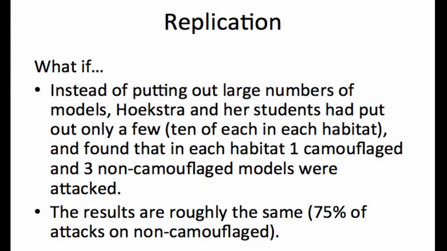That's more discussion than you need to have in a BIO100 class. What I do want you to be able to see here is that a result based on 1 out of 4 or 3 out of 4 is far less convincing than a result where you've got 300 times out of 400 times the non-camouflaged mice got attacked. Okay. I think that's pretty accessible. Right.